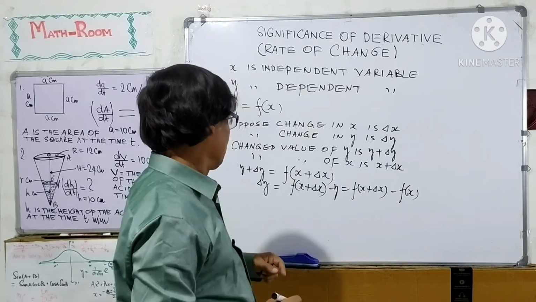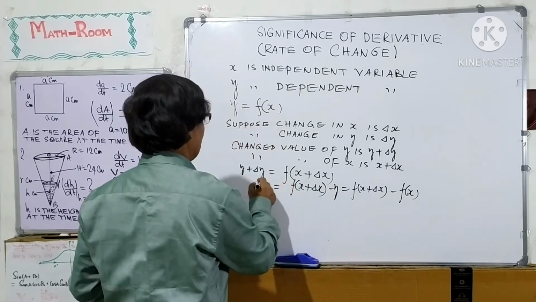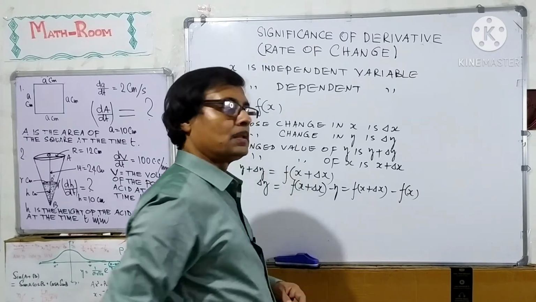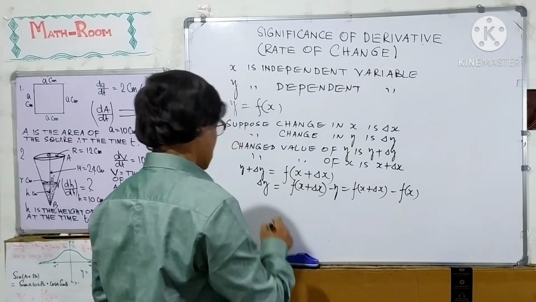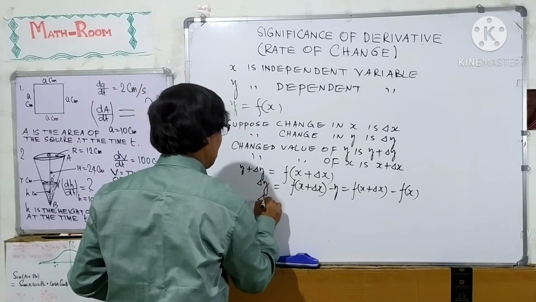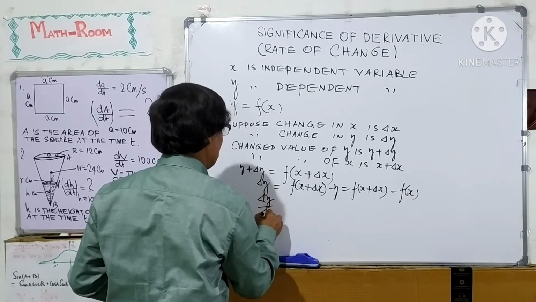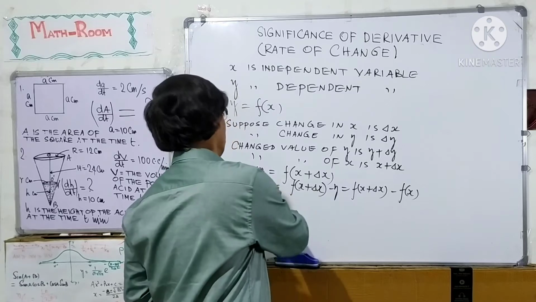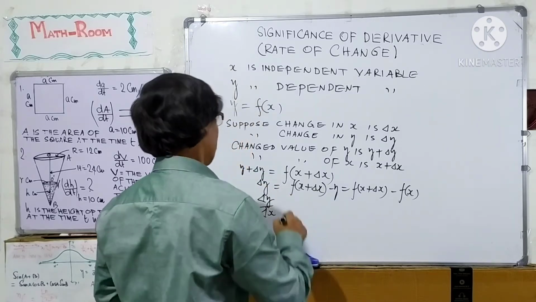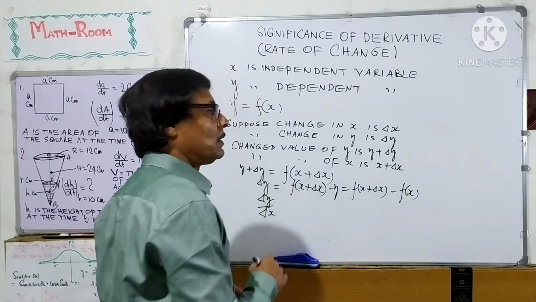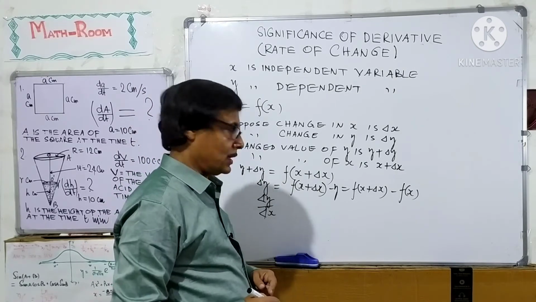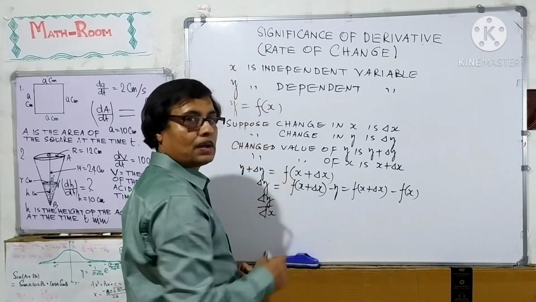Now if we take the ratio of the change of y with respect to the change of x, that is del y over del x, this is the rate of change of y with respect to x, that is, the ratio between the change in y and the change in x.